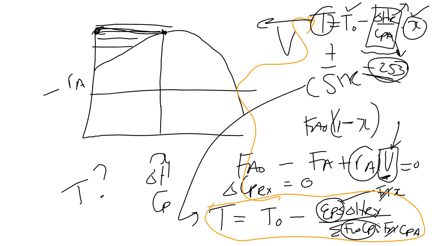Just for a hint, you can solve that. And then for my CSTR, I use exactly the same equation, but now my X is that 50%, the T naught is the same for both, and I can solve for that temperature. So that is as far as 4.1 goes.